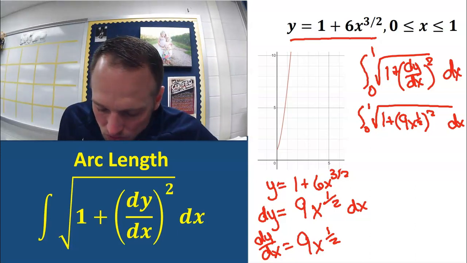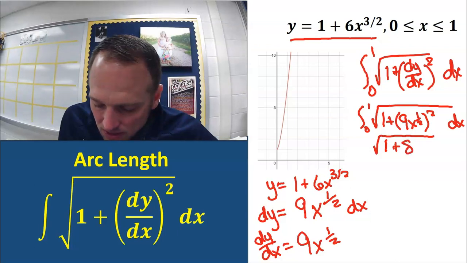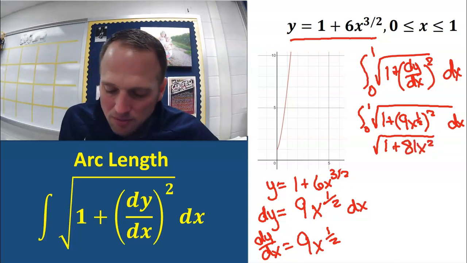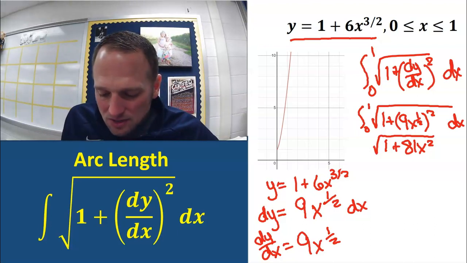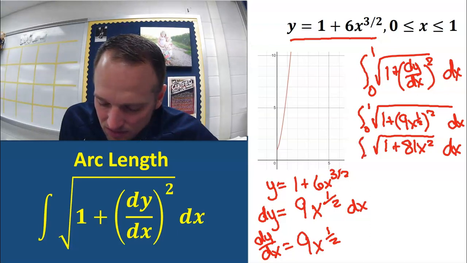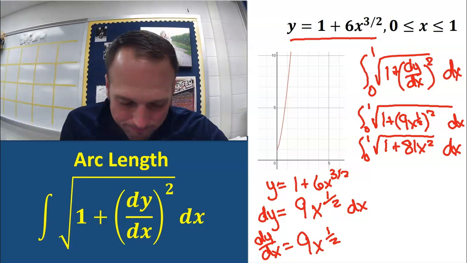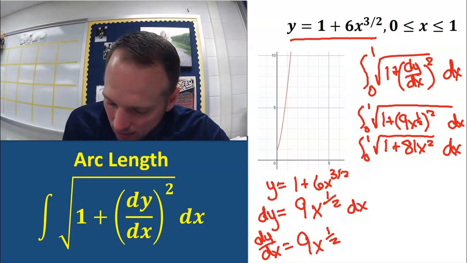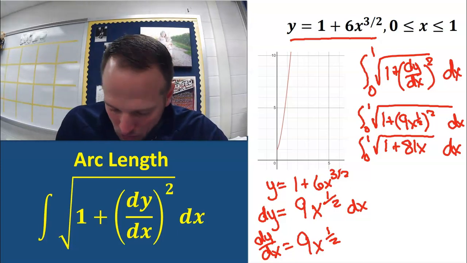So we've got the square root of 1 plus 81x squared. I apologize, I got a little bit ahead of myself. That is just an 81x, not 81x squared.